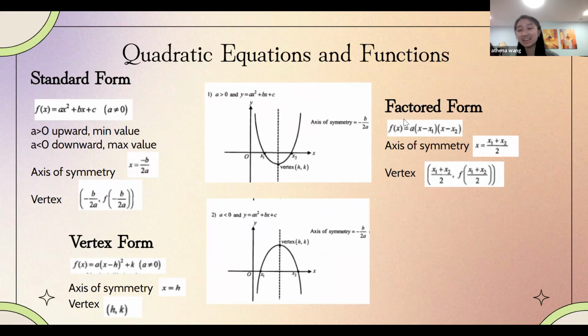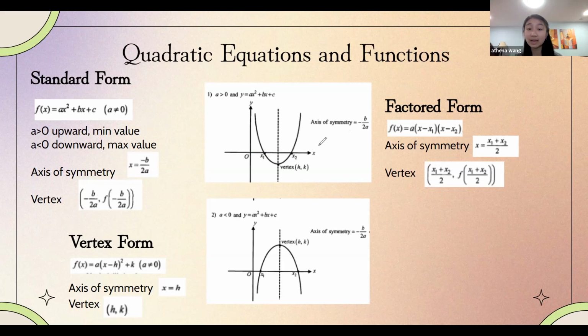And then we have the factored form. The factored form gives us the roots. The roots would be where it intersects the x-axis. So we have a times x minus x1 times x minus x2 is f of x.